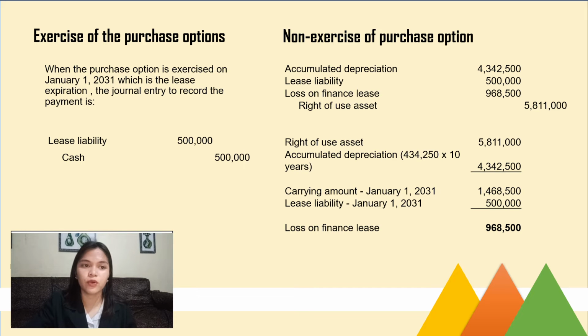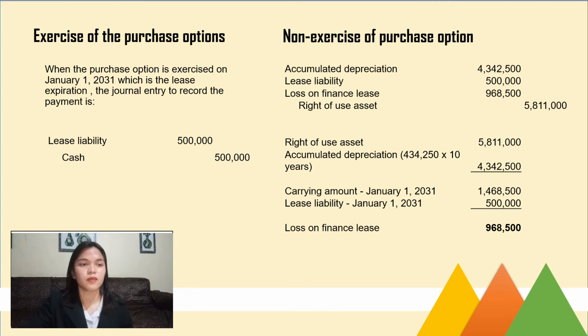So, para makuha yung loss on finance lease, yung right-of-use asset ileless natin sa accumulated depreciation na yung 434,250 times 10 years. Then, we will have 4,342,500. So, pag niless natin yung 5,811,000 sa 4,342,500, we will have a carrying amount of 1,468,500.